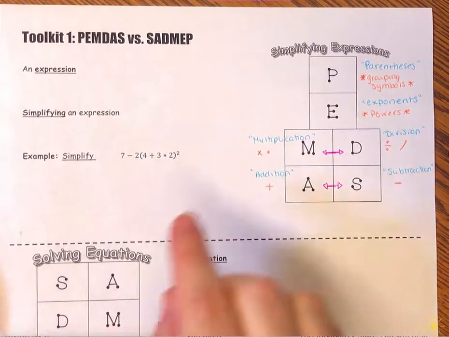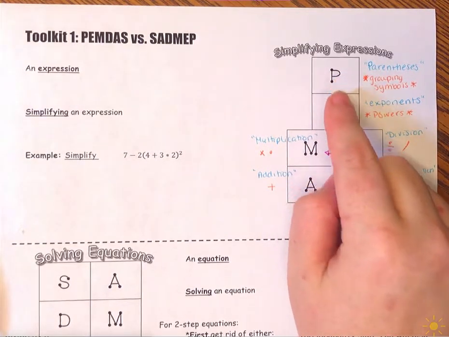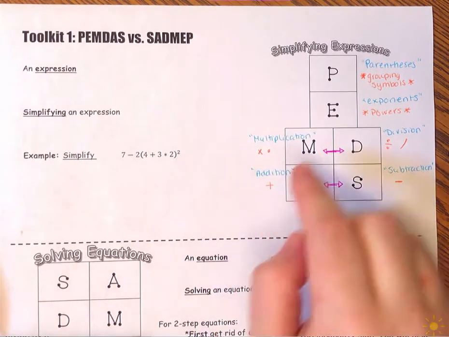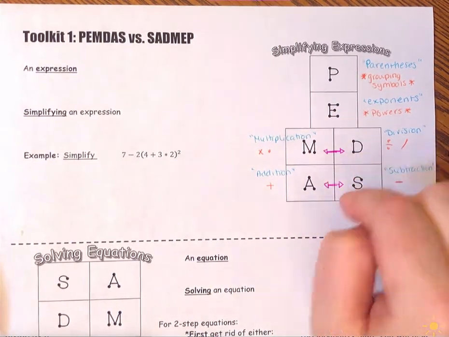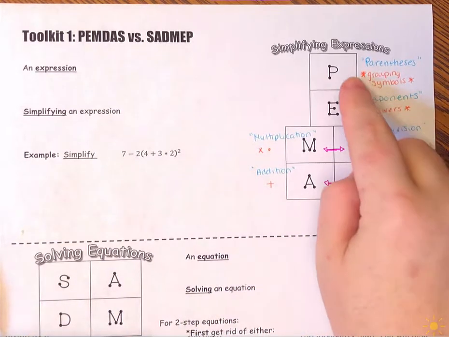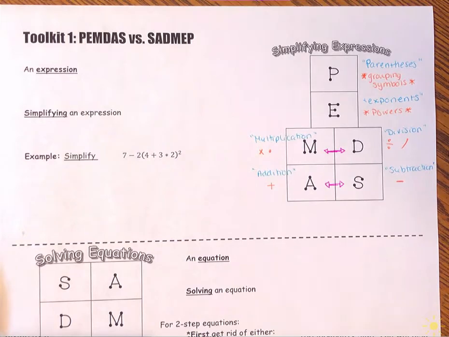An acronym is PEMDAS, or the mnemonic device would be, please excuse my dear Aunt Sally. Some people have used that. PEMDAS is the acronym. And then you also have the phrase to remind us that we use this in this order when we're simplifying expressions.